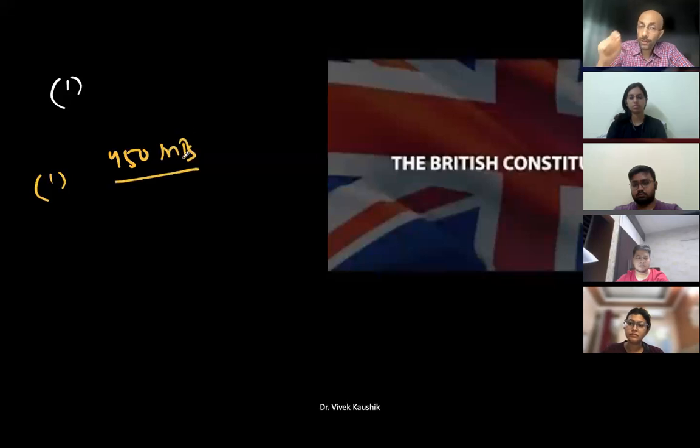But the present strength of the House of Commons is 650 MPs. That means that chamber cannot accommodate all the 650 MPs. So those MPs who come late to the chamber will not find seats, and they will have to perform their functions, debate, discussion, questions, answers, voting, everything, standing.